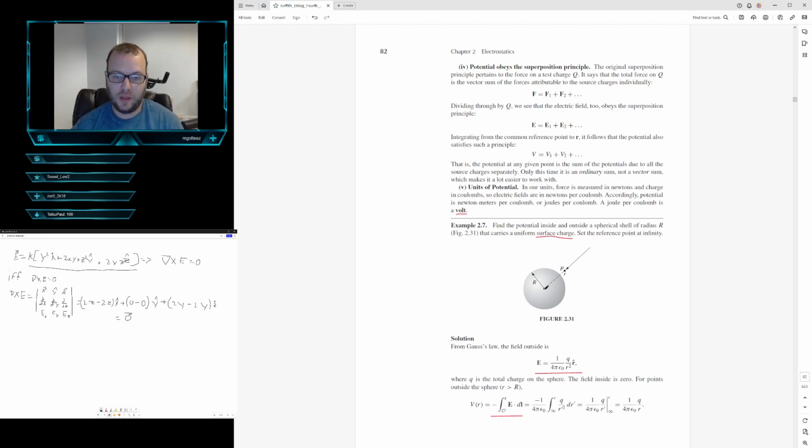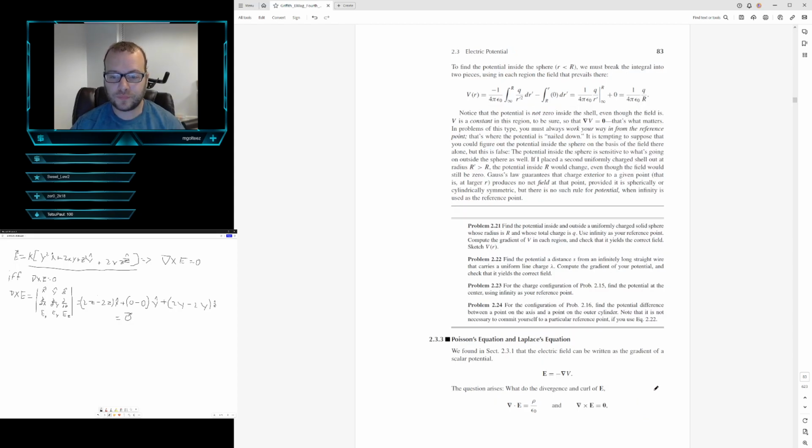So let's take the path just from the origin directly in the R direction. Then integrating, we get Q over 4 pi epsilon naught divided by R.